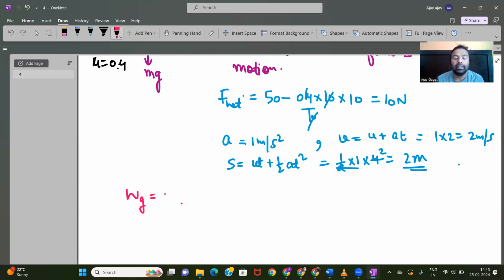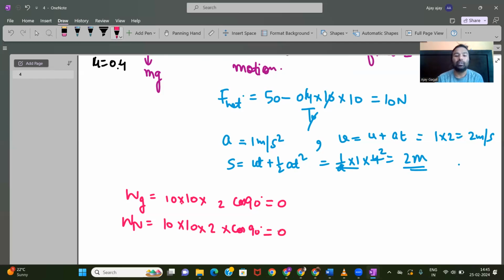I can safely write 10 into g into displacement, which is 2 meters, into cos 90. So it is going to be 0. Similarly, I can write work done by normal reaction. Normal reaction is also perpendicular. So it is going to be 10 into 10 into 2 into cos 90. So this is also going to give me 0.